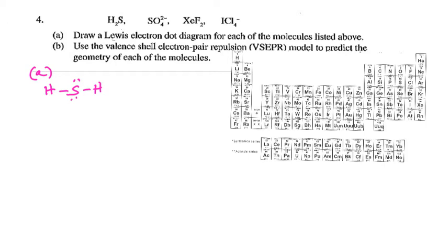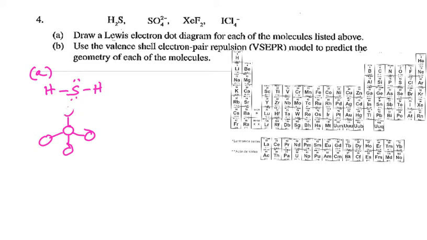Let's do part B for this one as well. There are 1, 2, 3, 4 electron domains coming off the sulfur, and so that means its rough shape is going to be tetrahedral. But of course, it's not really going to be tetrahedral. It's going to be tetrahedral where 2 of these atoms are actually lone pairs.